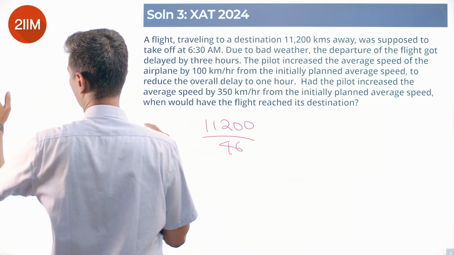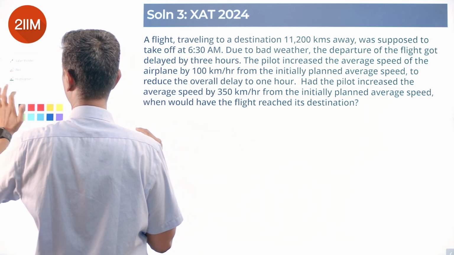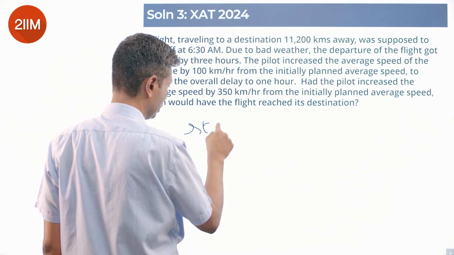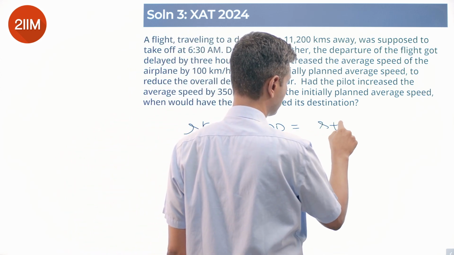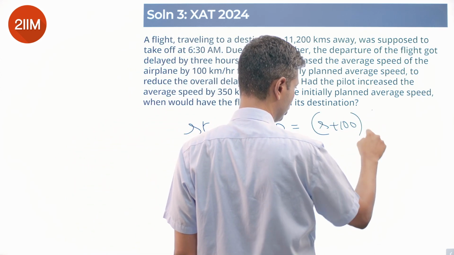I'm going to say s into t is 11200, which is also equal to s plus 100 into t minus 2.